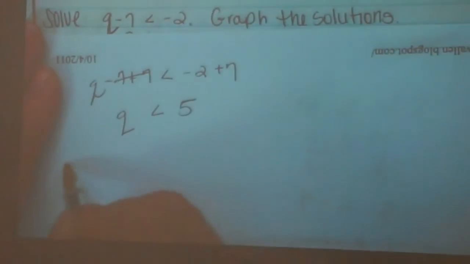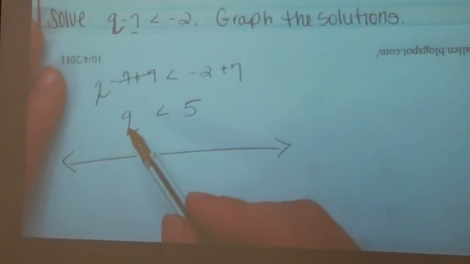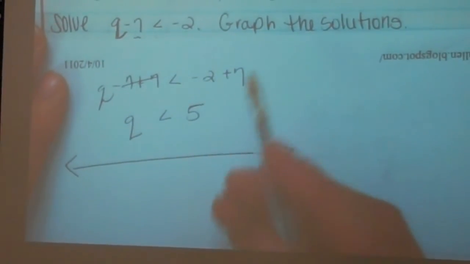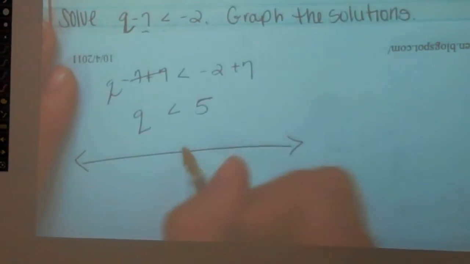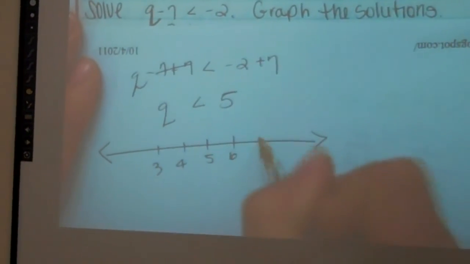And that's it. So how are you going to graph this? Q is less than 5. So how am I going to graph it? Okay, go ahead and write the numbers first. Alright, I wrote the numbers.